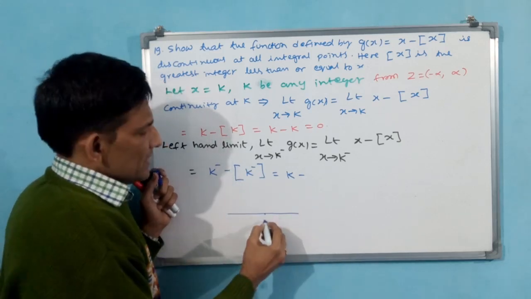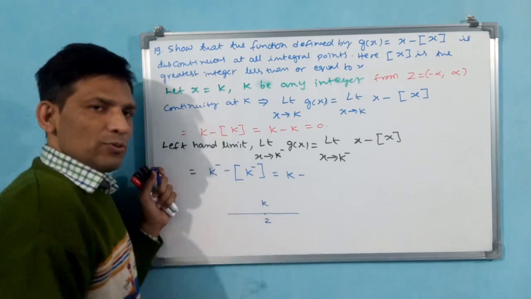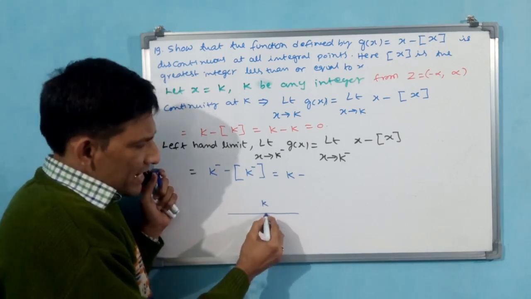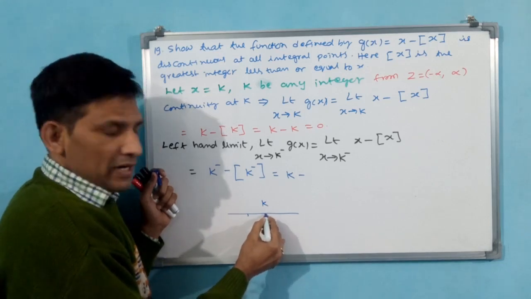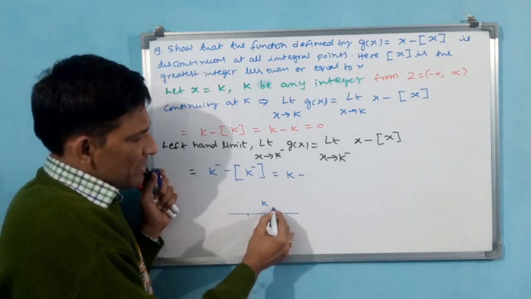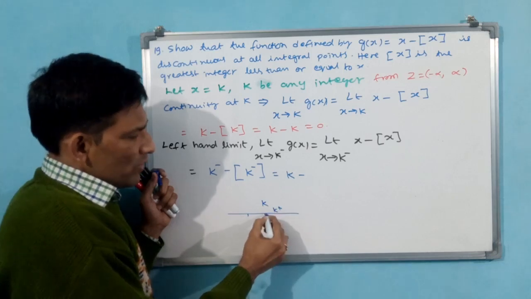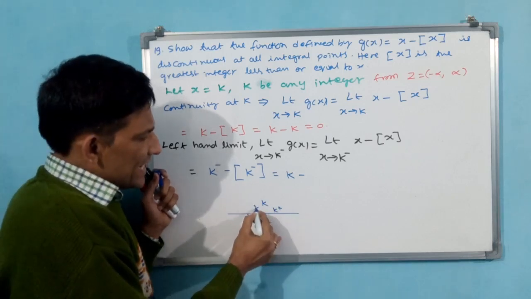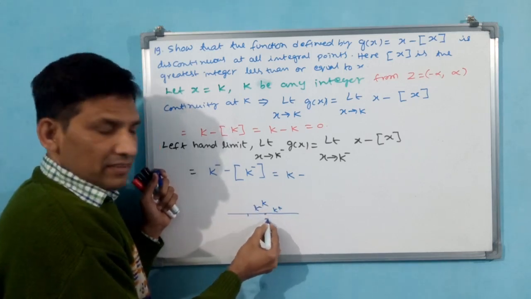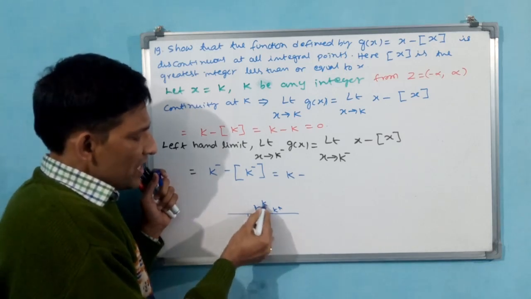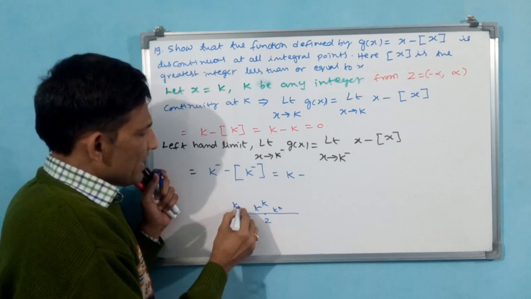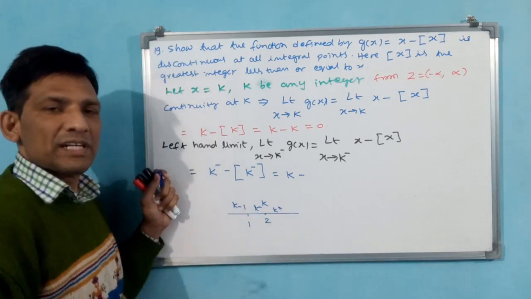For the sake of it, you take k as 2. Slightly greater than 2, if you give the greatest integer, 2 will come. That means slightly greater than k, k plus, if you give, k will come. But slightly less than 2, if you give, what will come? 1 will come. If k is 2, 1 is k minus 1. You understand?